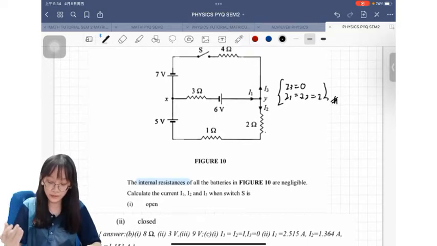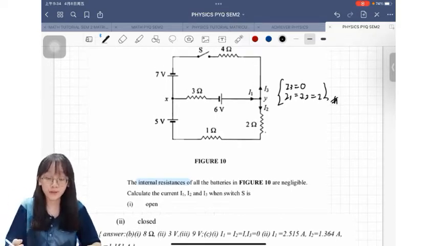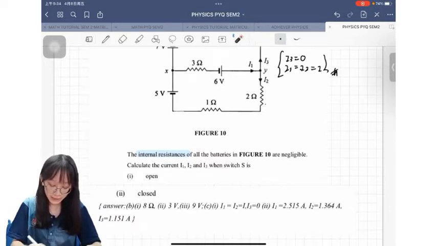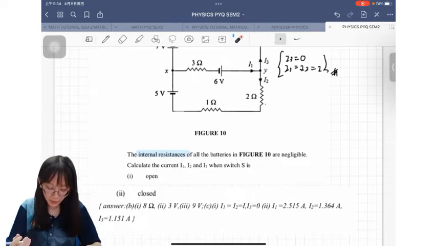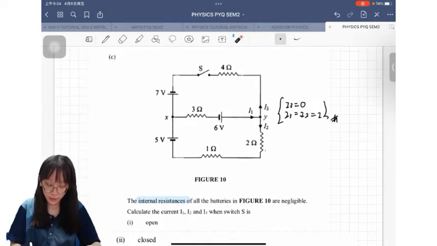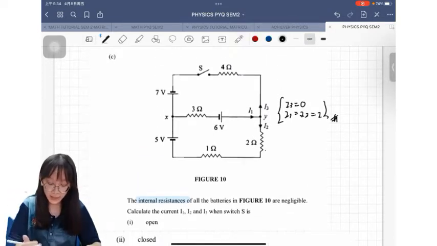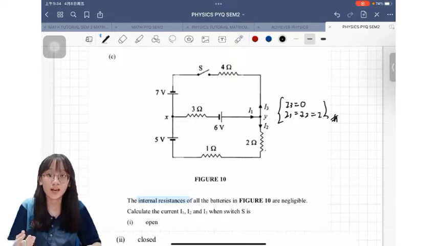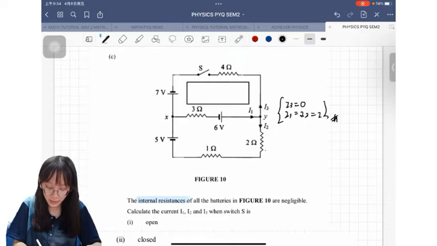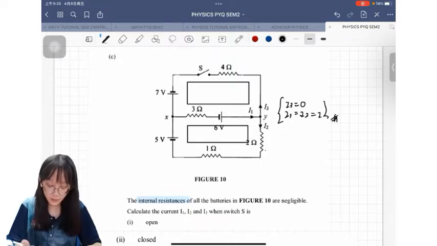If I1 and I2 are connected in parallel, the total I will equal I1 plus I2. Then we look at the second question, when the switch S is closed. So we can use the loop. We can identify the loop as anti-clockwise or clockwise.